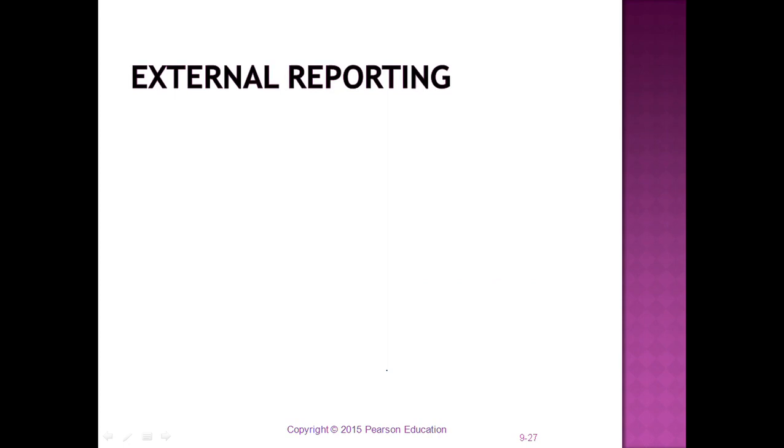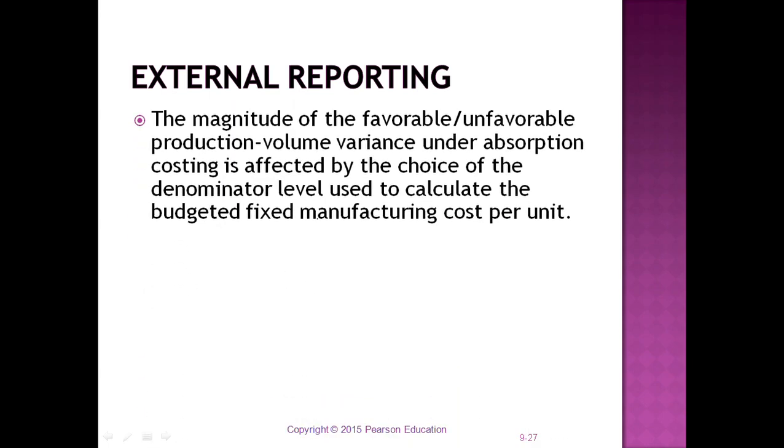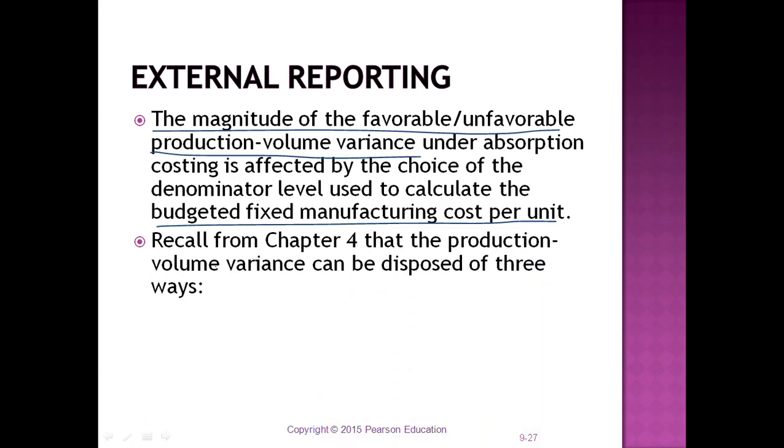Now finally, if you remember, this is the fourth reason why you will be using the capacity utilization, that is for external reporting. Of course, if you're using this capacity utilization level for the external reporting, then basically you have no control over it. However, you will notice that your favorable or unfavorable production volume variance under absorption costing is going to affect the choice of your denominator level, that you're going to use to calculate the budgeted fixed manufacturing cost per unit.